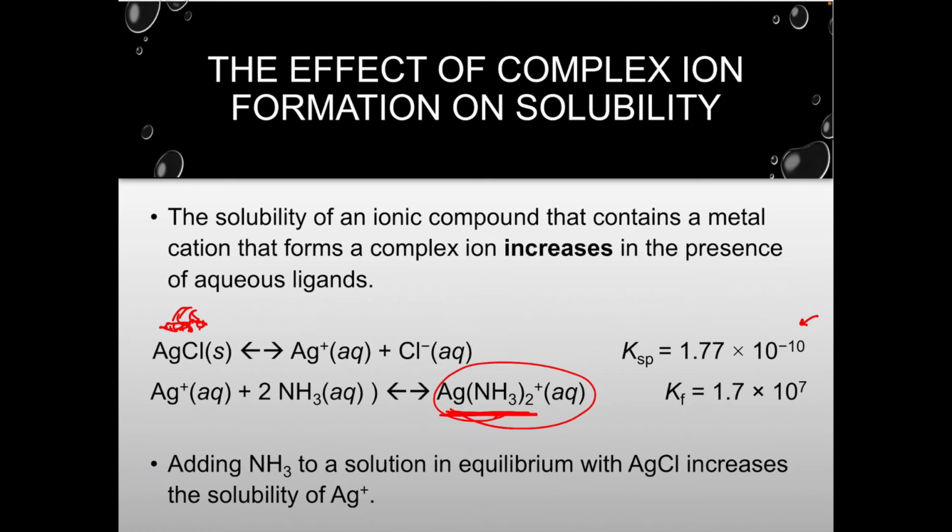If we dump a bunch of ammonia in there, we start to form this complex ion. And to form that complex ion, we had to use up some of the silver. So as we use up the silver in the complex ion, that concentration will decrease, which means that this will shift our equilibrium to the right, which means that more of our solid will dissolve because we've decreased our concentration of our silver, because a lot of it is going to form this complex ion.